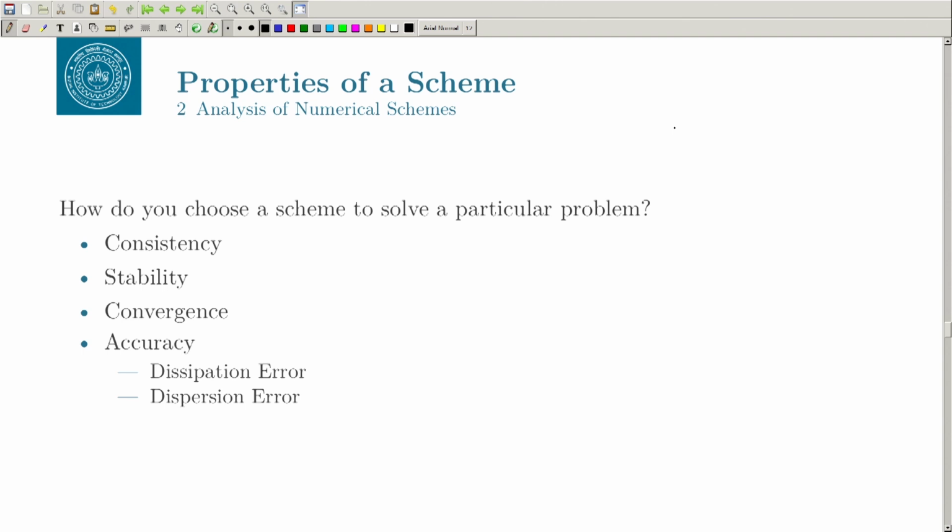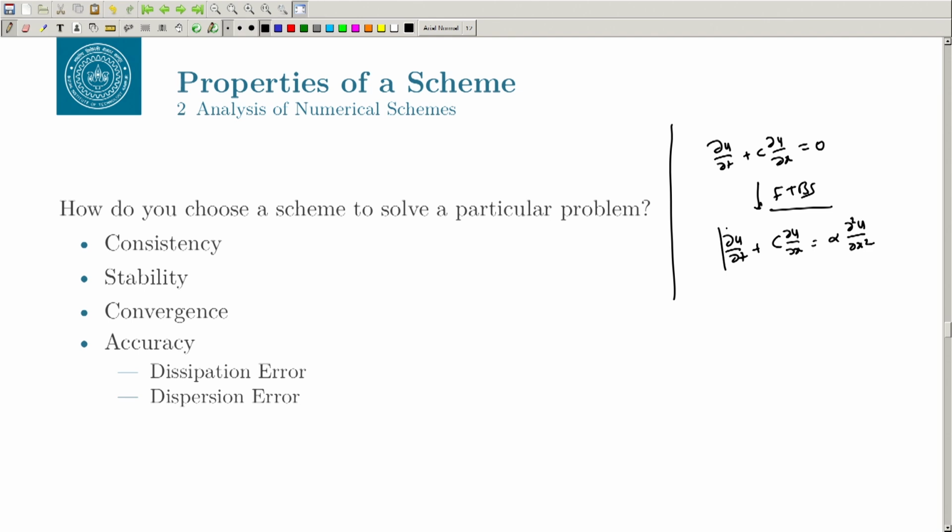So, if you have an equation del u by del t plus c del u by del x equal to 0, and you use a scheme like FTBS, you end up solving del u by del t plus c del u by del x equal to alpha del 2 u by del x square.